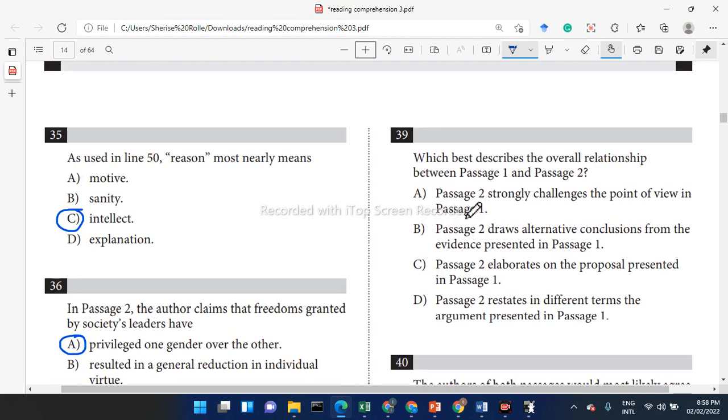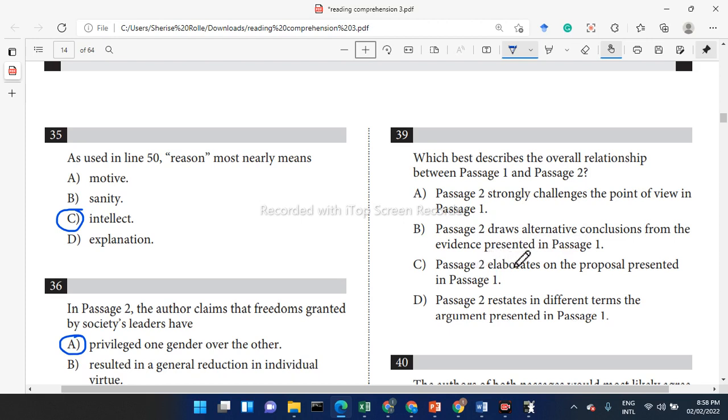All right. Thank you. Which best describes the overall relationship between passage 1 and passage 2? Is it A, passage 2 strongly challenges the point of view in passage 1? B, passage 2 draws alternative conclusions from the evidence presented in passage 1?